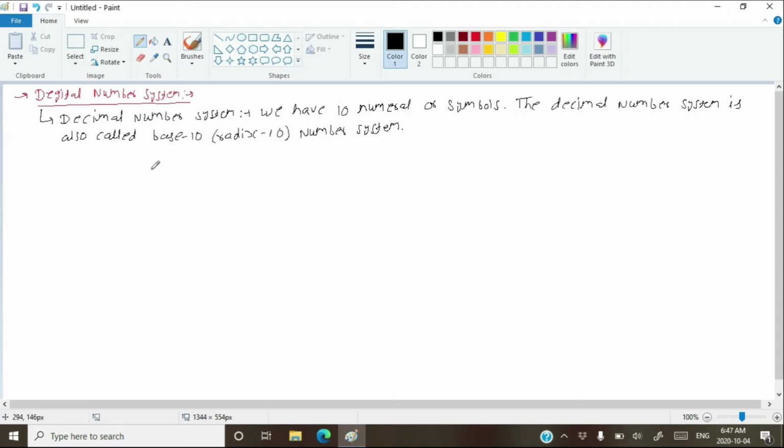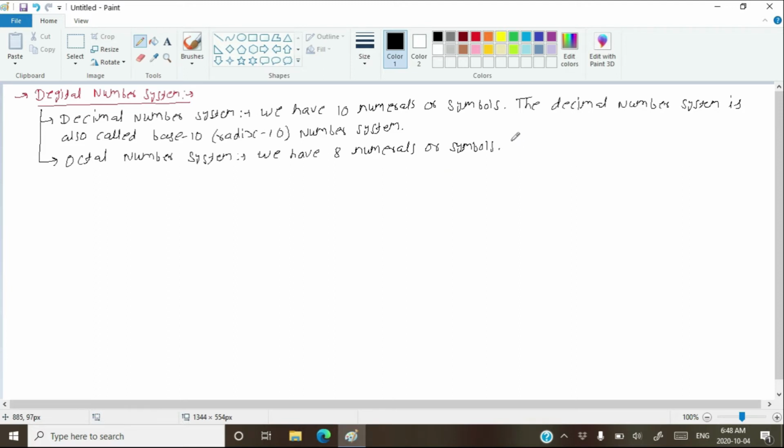Okay, so let's see the other number system, that is called the octal number system. In the octal number system, we have only 8 numerals or symbols.